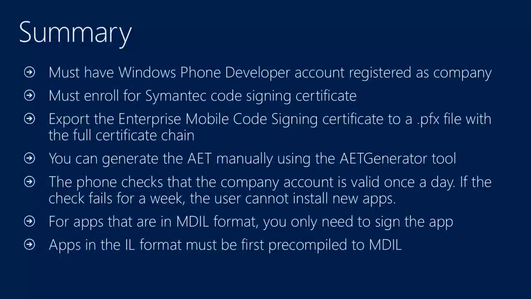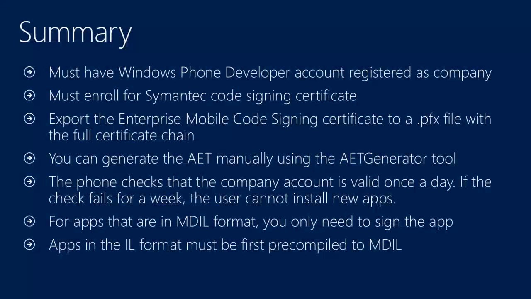Then after you get that company ID, you go through and enroll for the Symantec code signing certificate, export that certificate to a PFX file, and then generate that AET using the AET generator tool. Only if you're doing the unmanaged. If it's MDM, the system will automatically create that and distribute it to the devices.